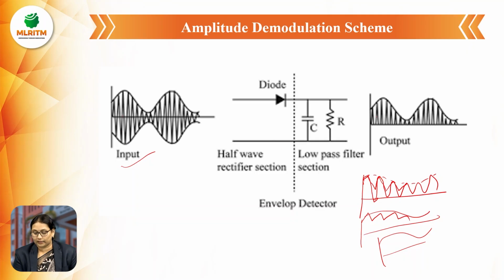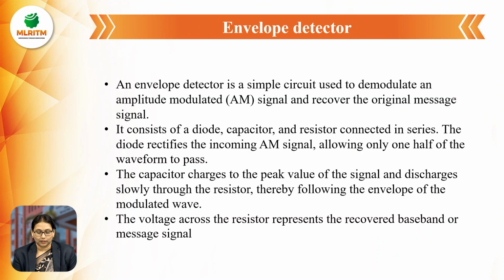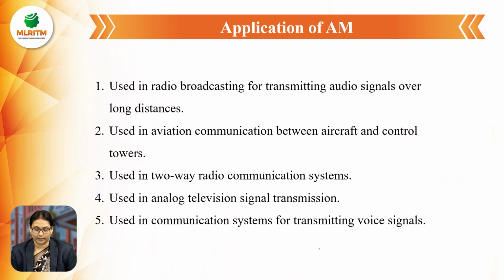After rectifying, it will have only the positive side. The capacitor charges to the peak value of the input signal and discharges slowly through the resistor R, thereby following the envelope of the modulated wave. The voltage across the resistor represents the recovered baseband signal or message signal. This is about the demodulation technique, the envelope detector.